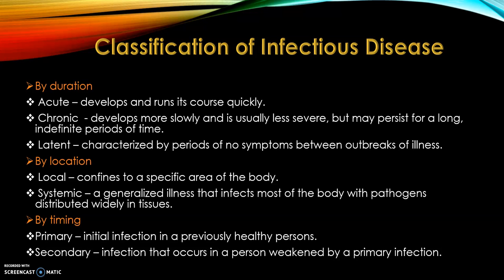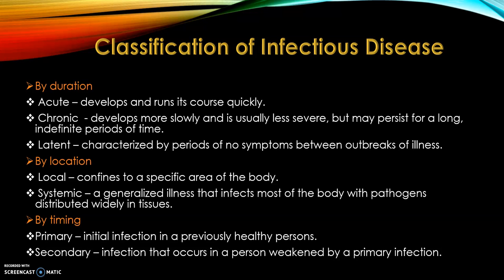Acute means develops and runs its course quickly. Chronic develops more slowly and usually lasts several months but may persist for a long time. Latent is characterized by periods of no symptoms between outbreaks of illness.